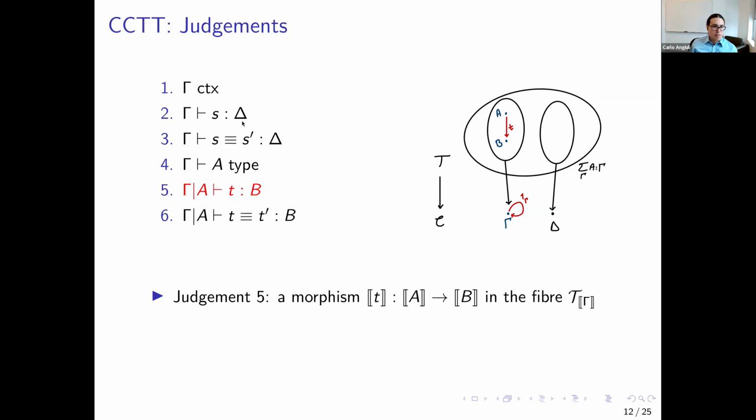Is it significant that you haven't included a type equality judgment here? It is significant in the sense that we do not want it, because we want to reason up to isomorphism of types, not up to equality of types.